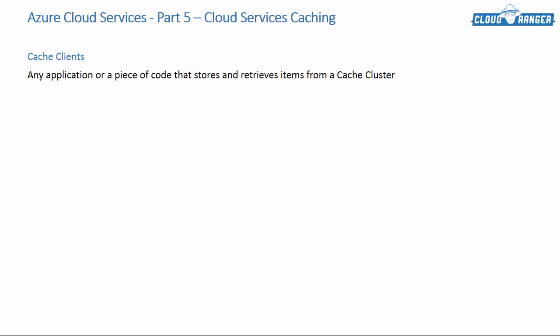But if you're a developer, you should look into MSDN resources and see how to write the code for cache clients to pull from the cache. And I'll show you a quick example of how the code looks. Okay, so let's go to Visual Studio.